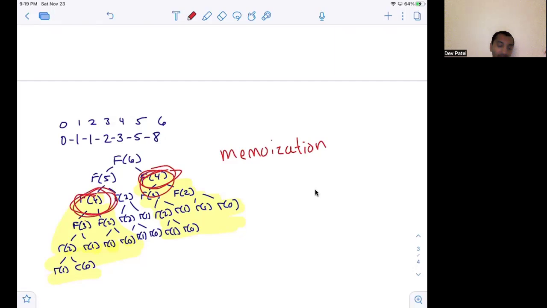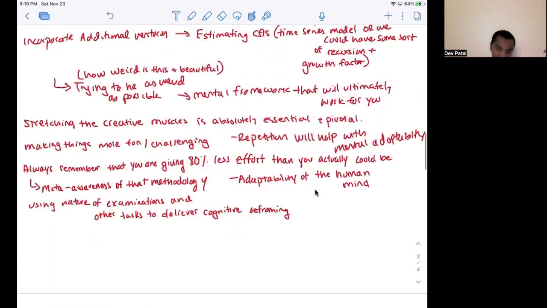We've already calculated f of 3, we don't want to recalculate that. It's about only doing the necessary calculations and minimizing the number of unnecessary computations that we have to make. And so this is an important step if we want to consider efficiency in algorithms.